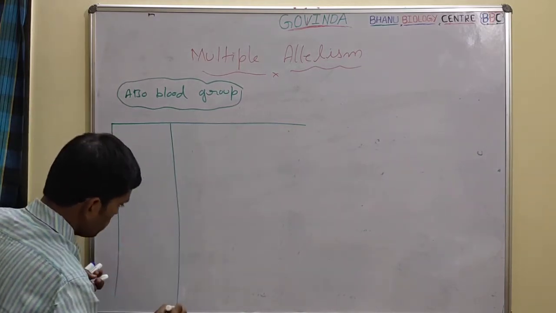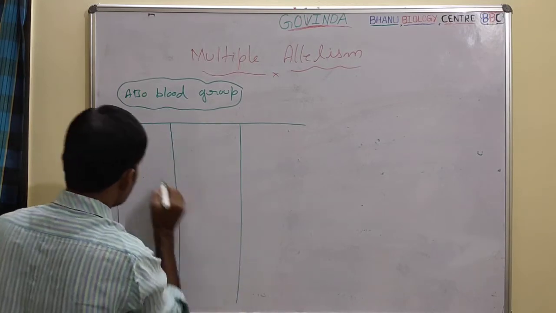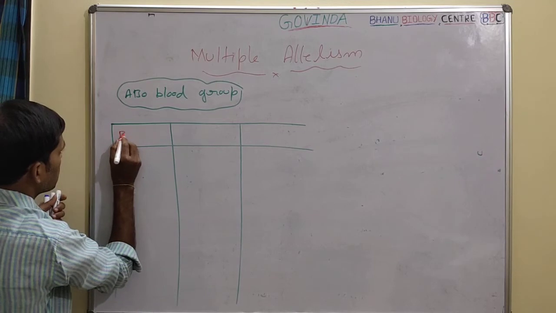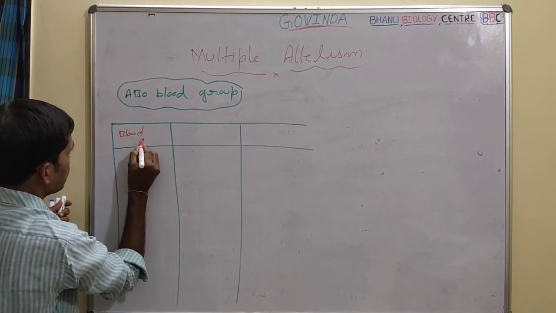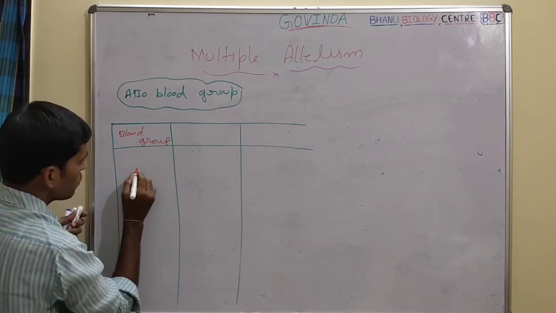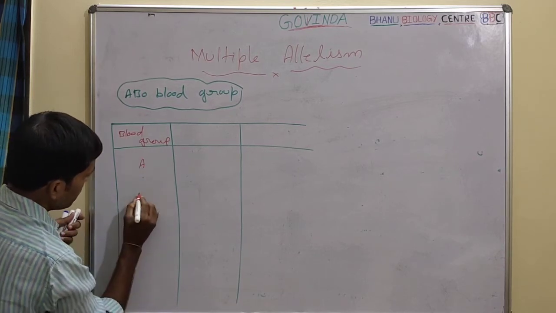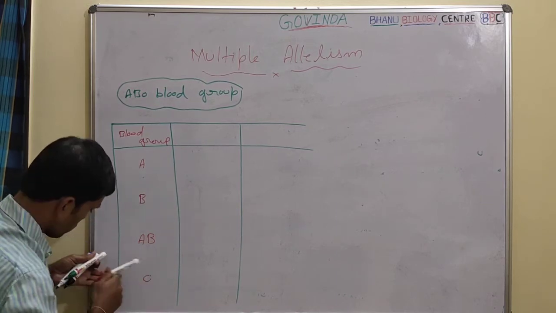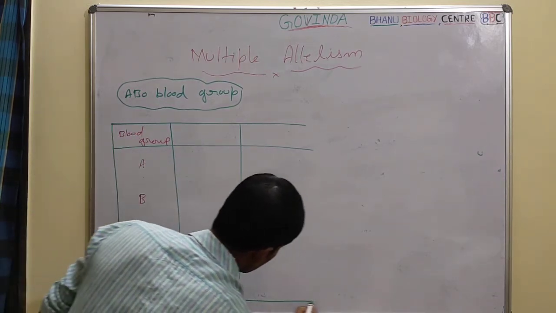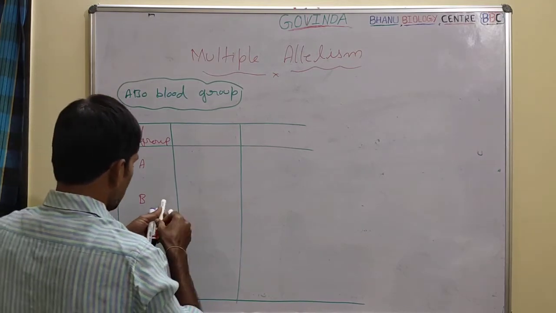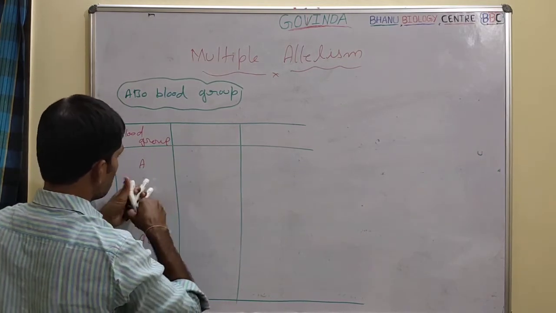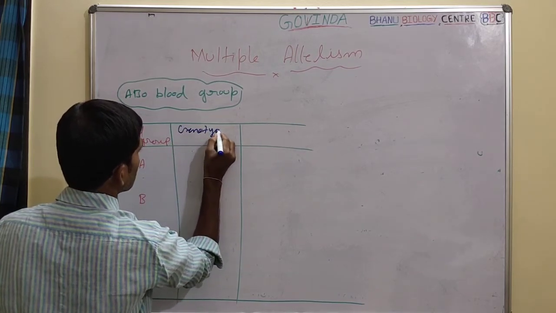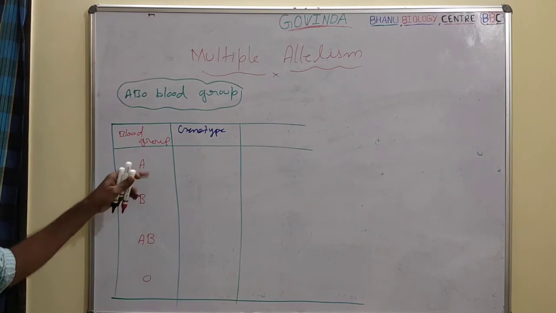In the first column I write the blood group: A, B, AB and O. In the second column I write the genotype of the blood group.